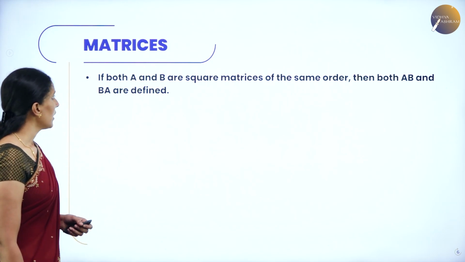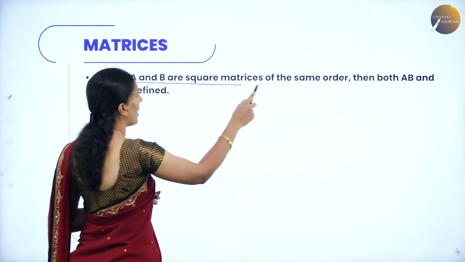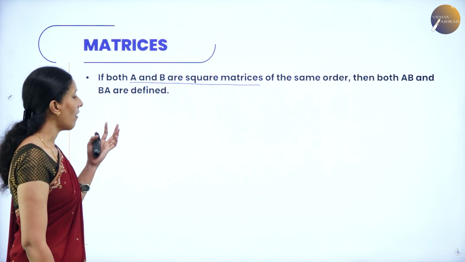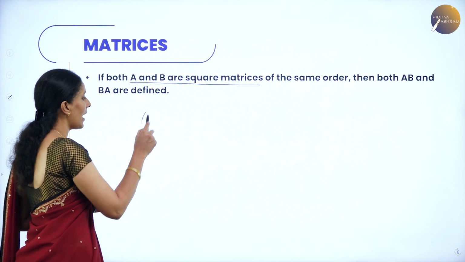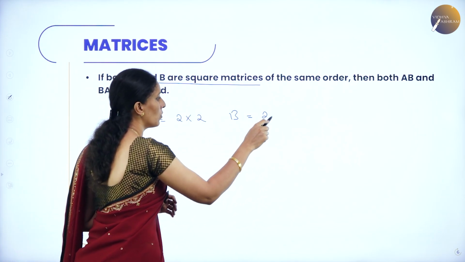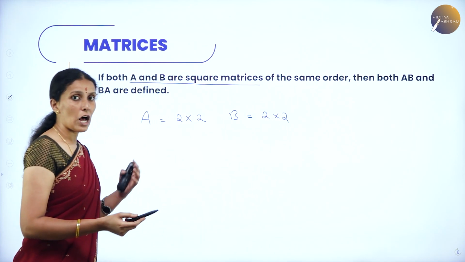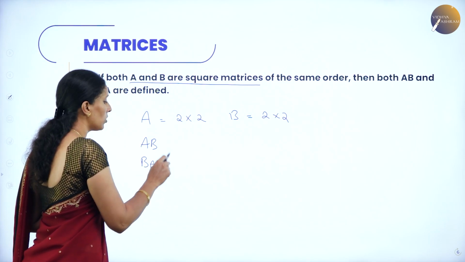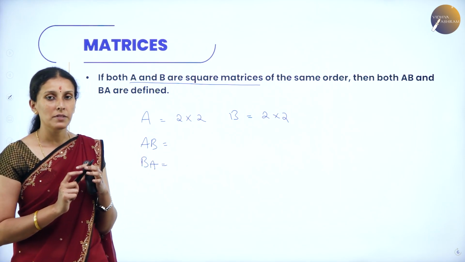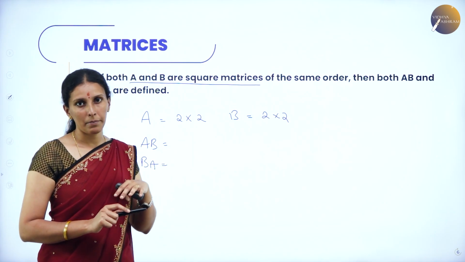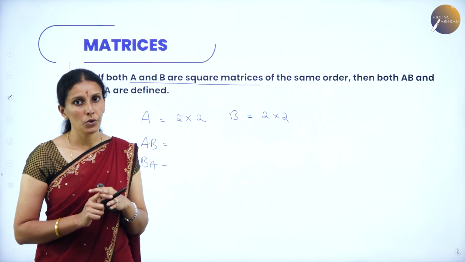Next point, if both A and B are square matrices of the same order, then both AB and BA are defined. Suppose A is a 2 cross 2 matrix and B is a 2 cross 2 matrix, then however you take AB or BA, both are defined, because the number of columns and rows each time, whether you take BA or AB, will be equal to 2 only.